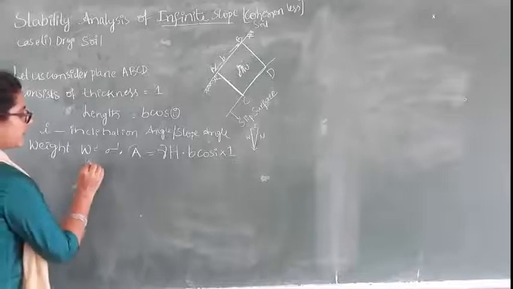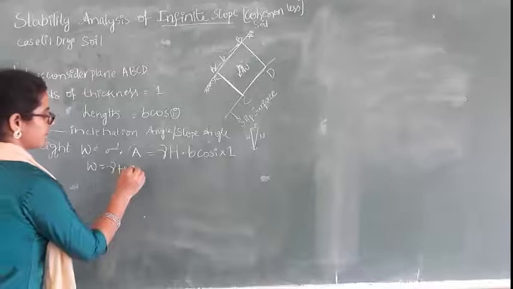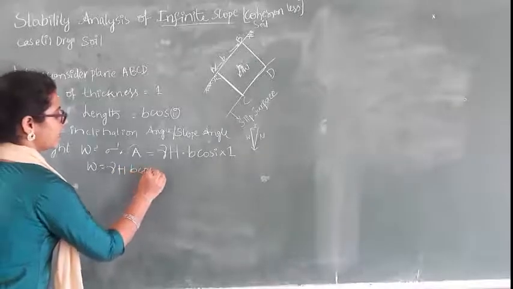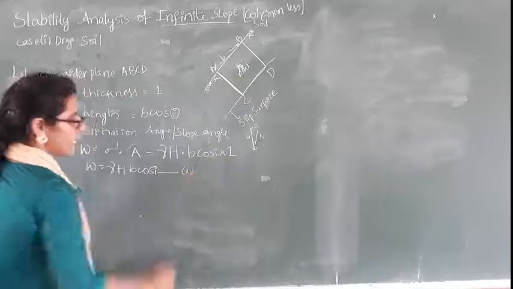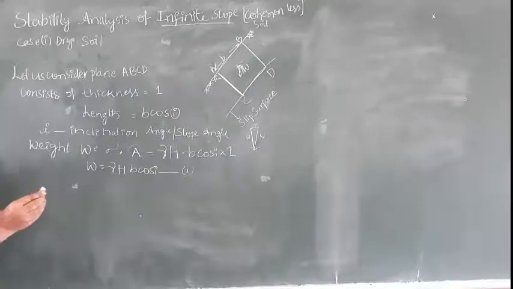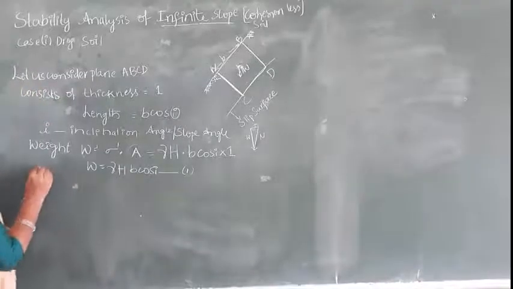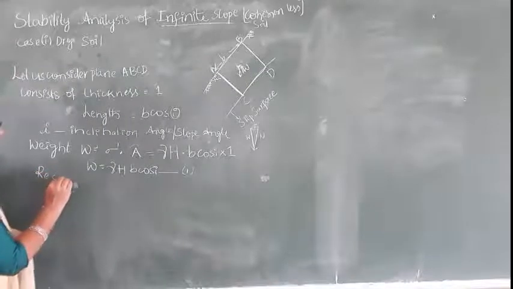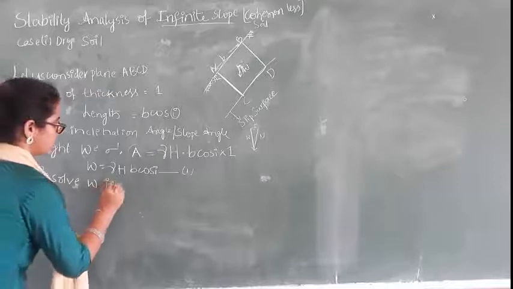So W can be written as gamma H B cos I. Consider this equation to be 1. Now what is the next operation that we are going to do? Resolve W into components.